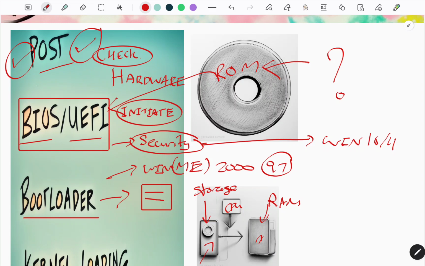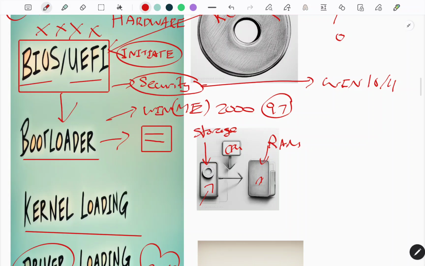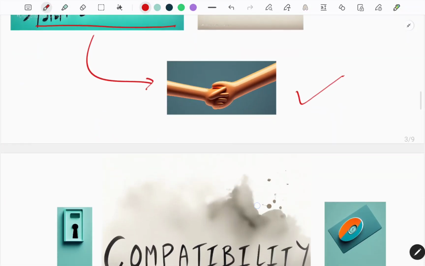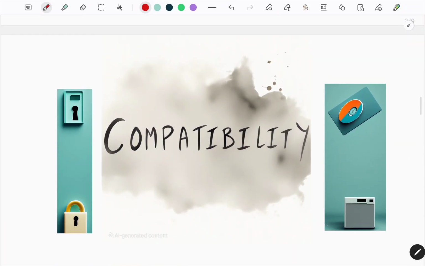So starting from here, if you install hardware that is not compatible, straight away you cannot initiate, you cannot go to the boot loader anymore. All right, we'll stop from there. That's just the one point I want to highlight. So this compatibility has different reasons.